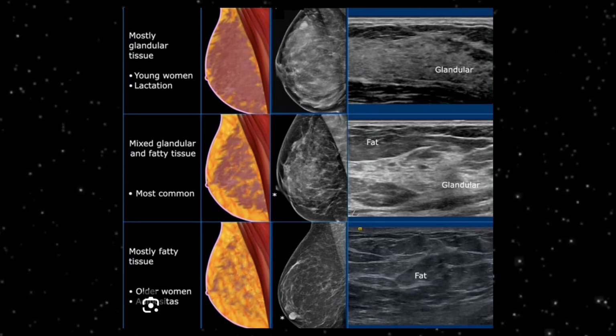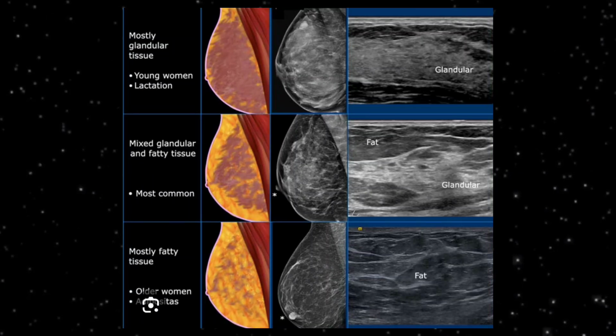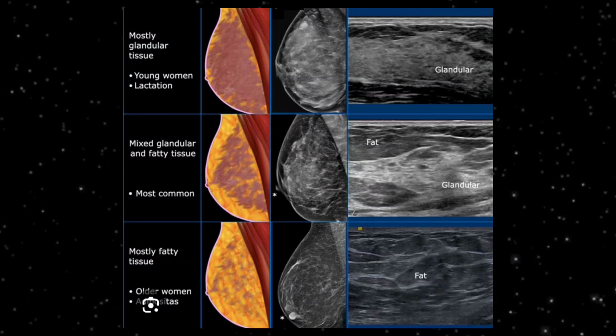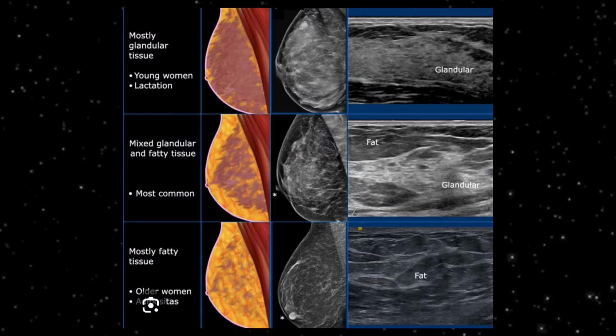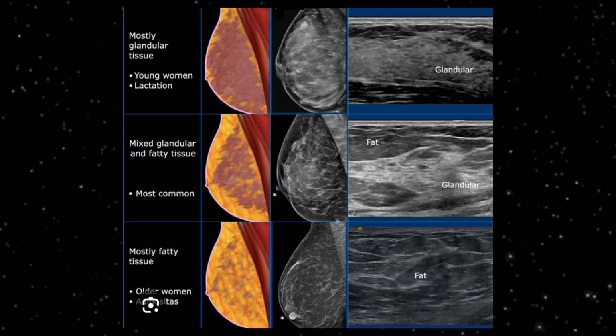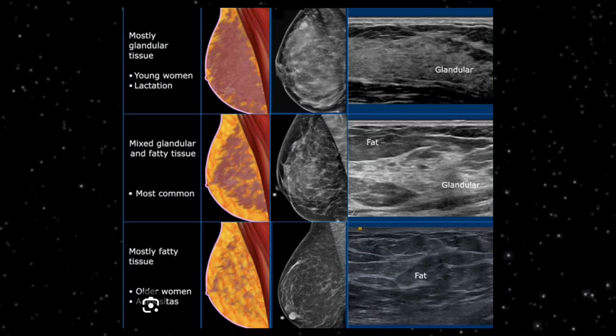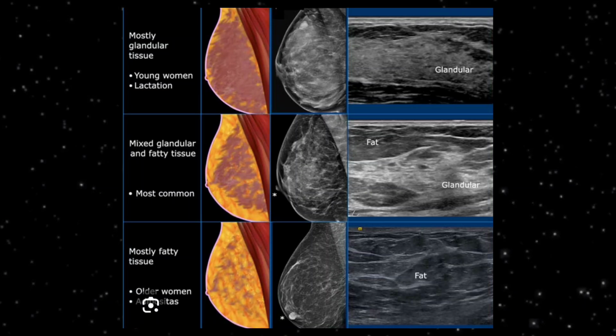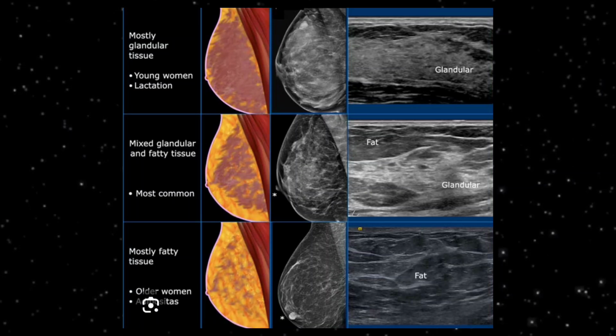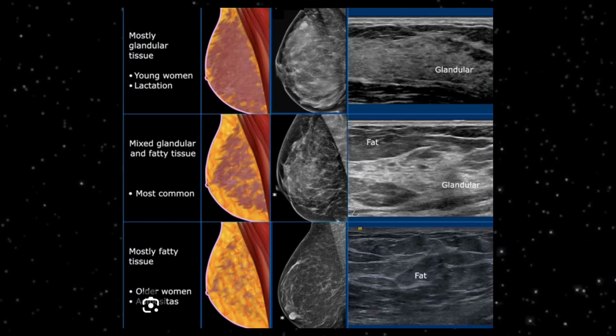The next and very common breast composition is the mixed pattern, where you can appreciate both glandular and fatty components, and this is quite common. On this image the breast shows both glandular and fatty appearance.